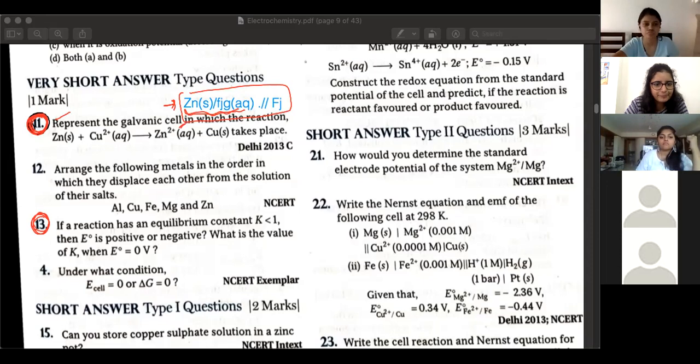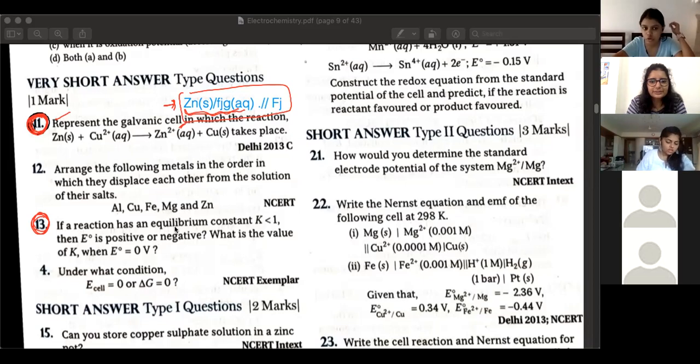Mitali and Dhriti, both of you, for the first part of the question, sent opposite answers. The second part of the question, yes, when E naught is 0. Could you go over the first part of the question?